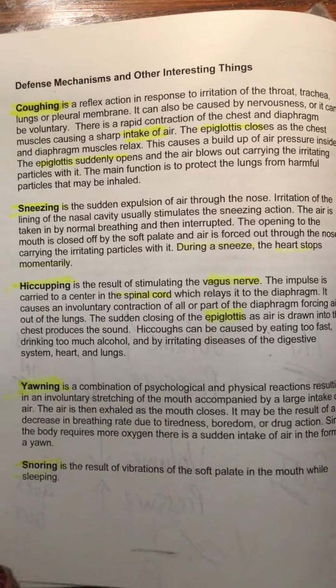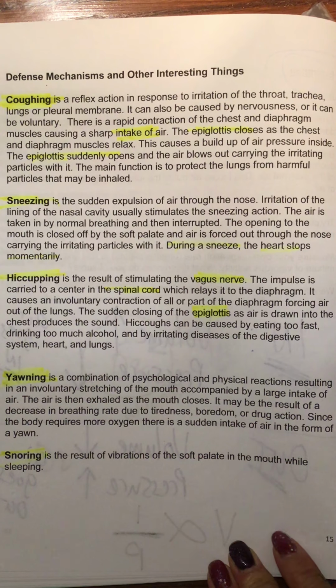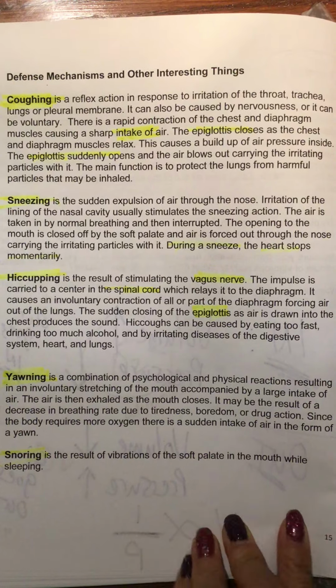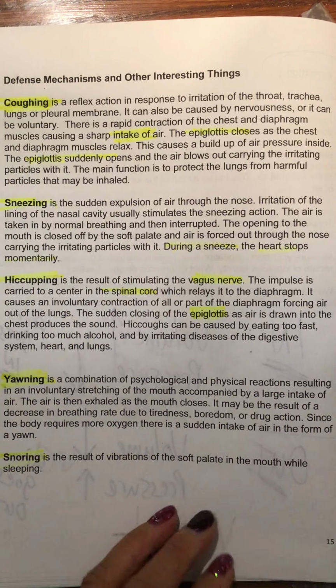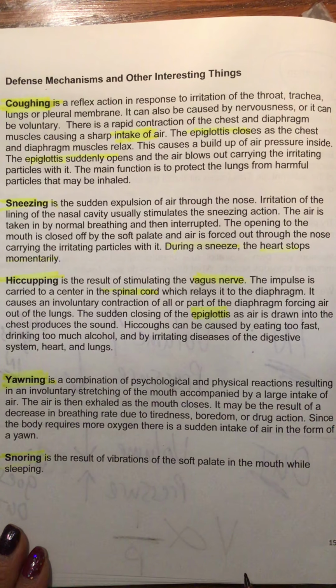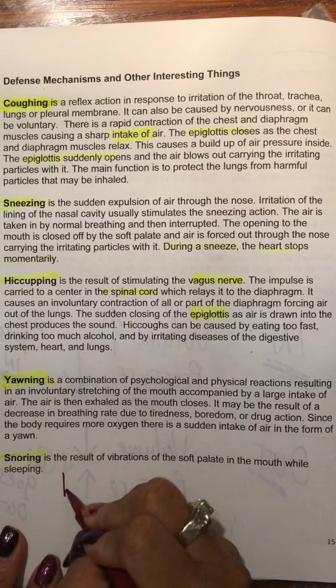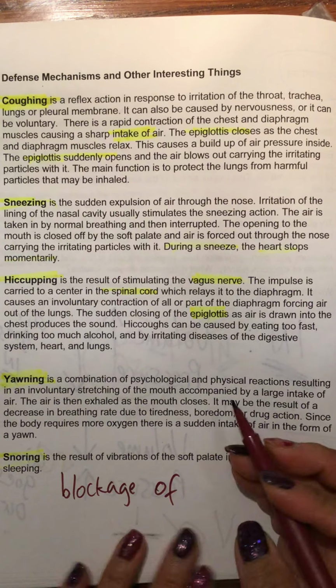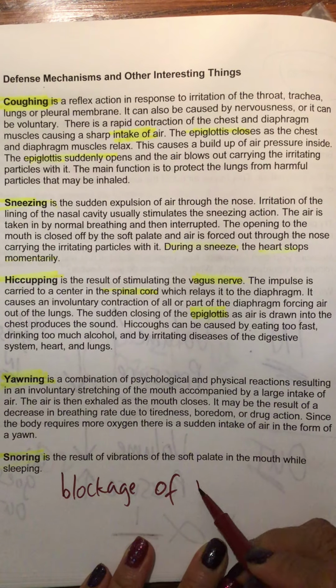Snoring is a result of vibration of the soft palate in the mouth while sleeping. This could also be caused by your adenoids being enlarged, and also some blockage of the nasal passage or the nasopharynx.